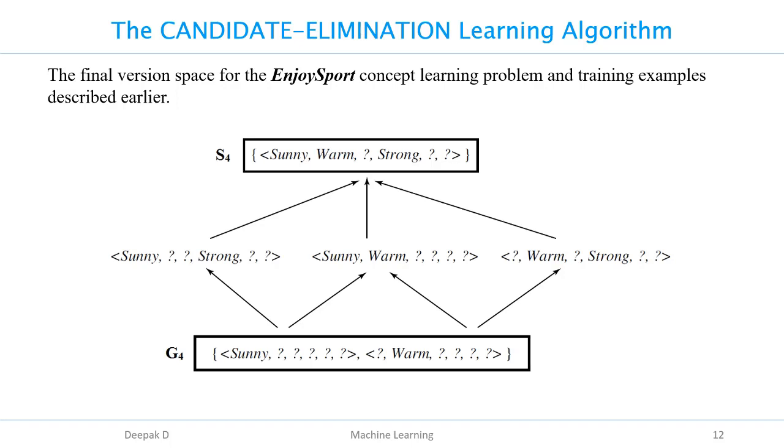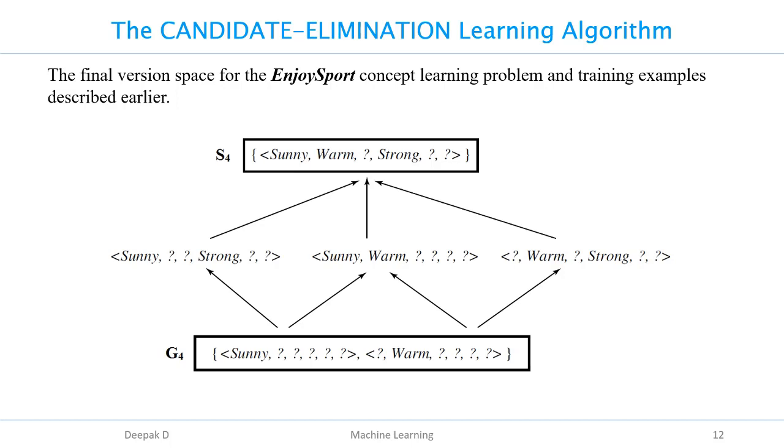See, in this figure you can see the final version space for the EnjoySport concept learning problem and the training examples which I described earlier, that is, four instances. This learned version space is independent of the sequence in which the training examples are presented.